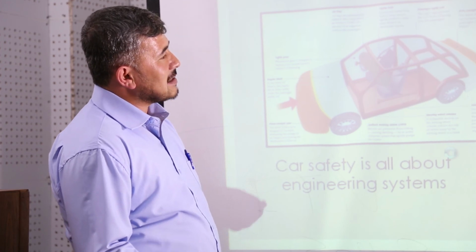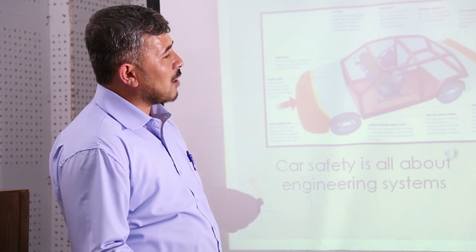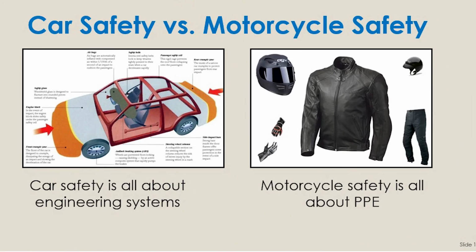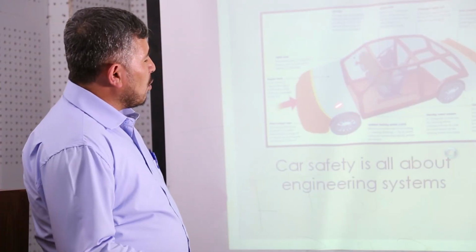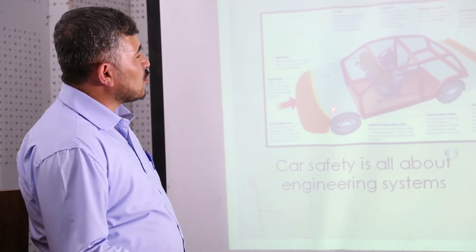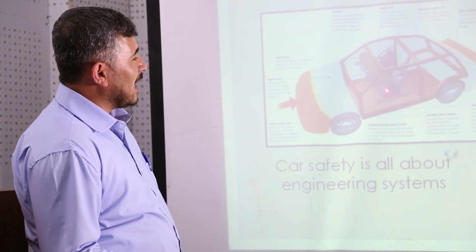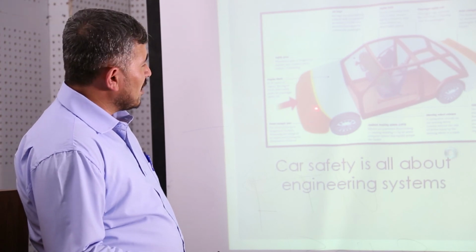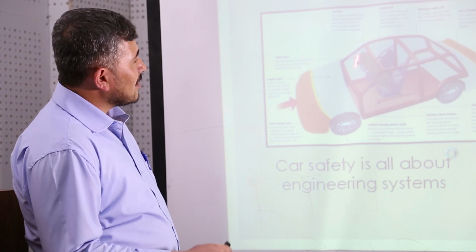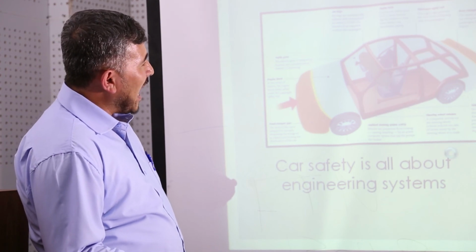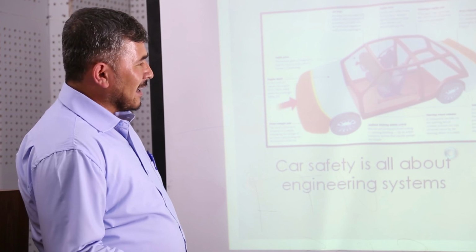You may have this PPE when you are driving a motorcycle, but let's compare it with the engineering control that considers the safety for the driver. Check here the car from the back. So what do you think?